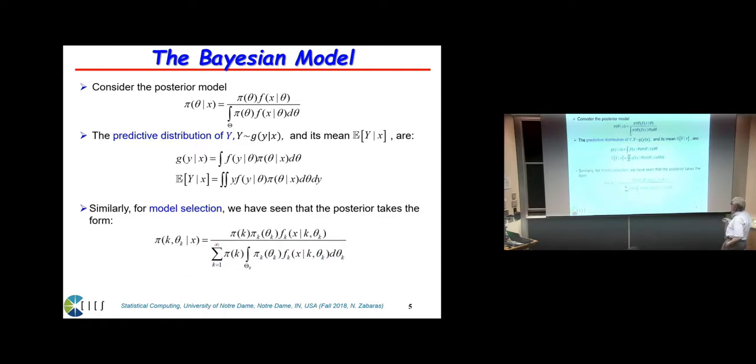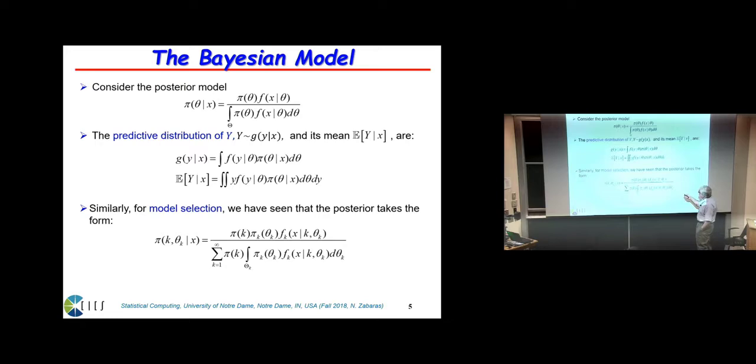And finally, I remind you of this big Bayes rule type of formula where we do model selection simultaneously, and for each model we include the parameters as well. So this is the parameters theta k of model K, and this is the posterior of K and theta K jointly. So you don't think that this is weird.